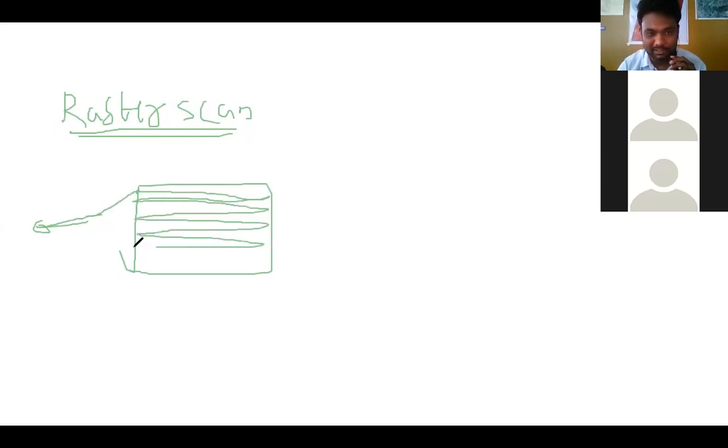This is the principle of raster scan display. Here I want to display the triangle. Suppose this is a point on the first line, this is the point on the second line, the third line, the fourth line, the fifth line, the sixth line, and the seventh line.